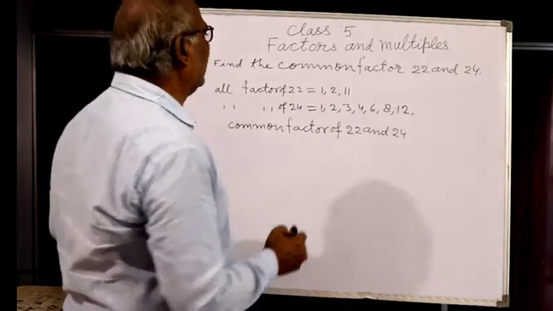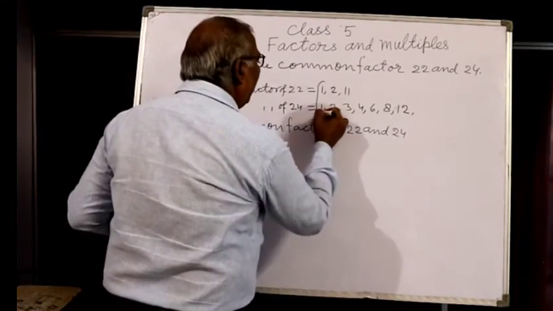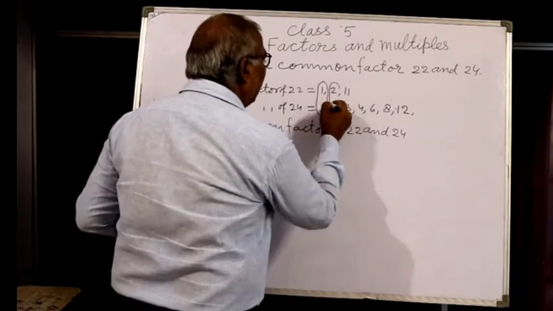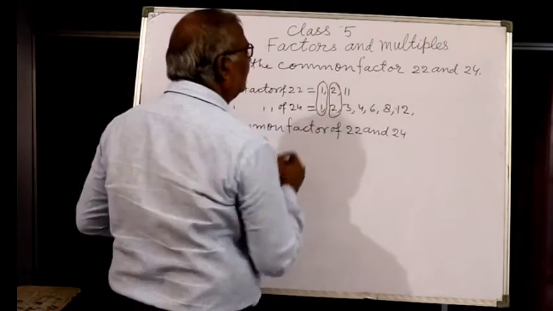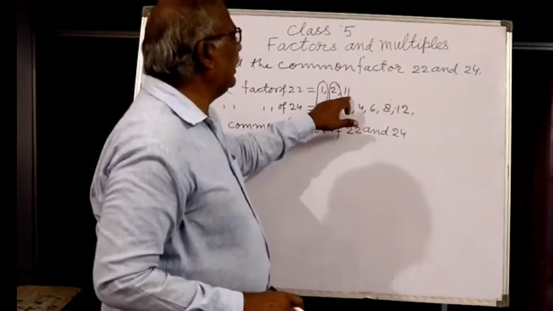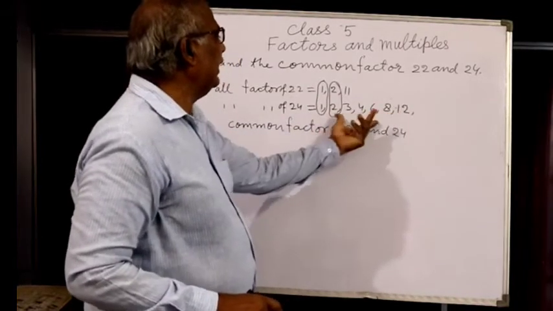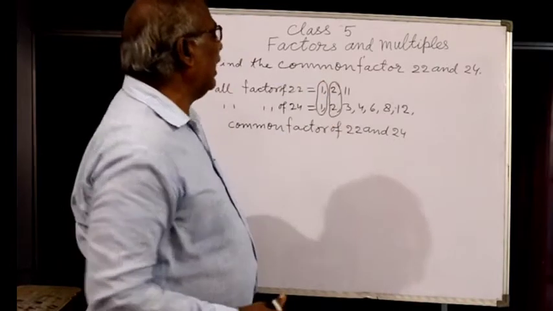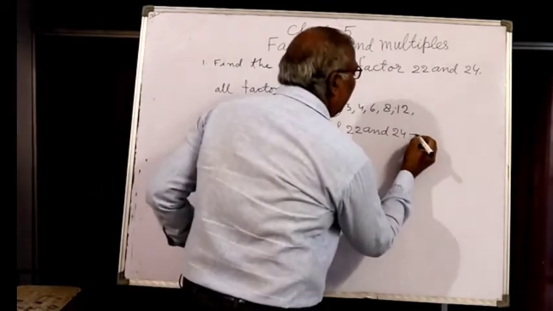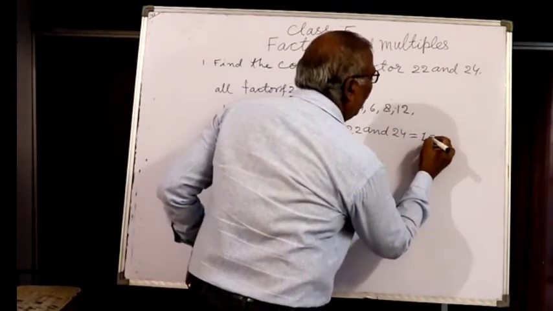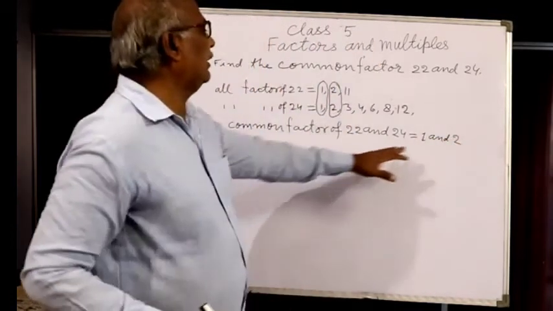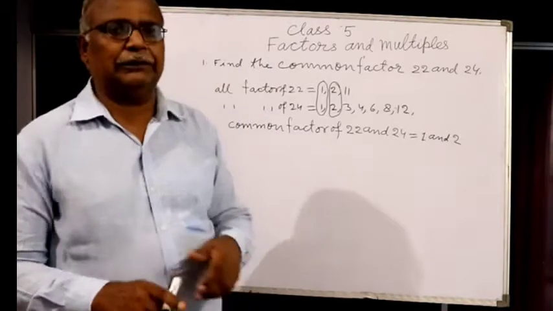We see here 1 is common and 2 is common and 11 is here but 11 is not here. So there are only two common factors, 1 and 2. 1 and 2 are the common factors. There are two common factors.